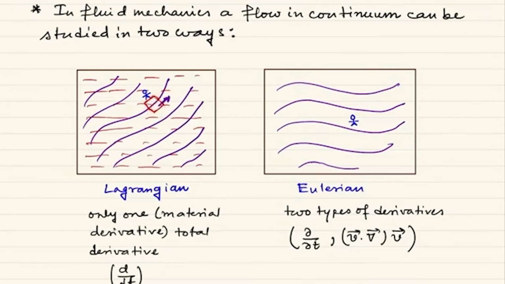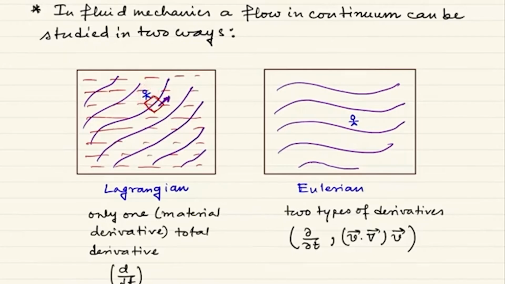That will be, of course, an imaginary blob, because this is a continuum. You cannot think of a discrete particle like that. And this blob of fluid will be traced throughout the flow, and we will see where it is going with time.